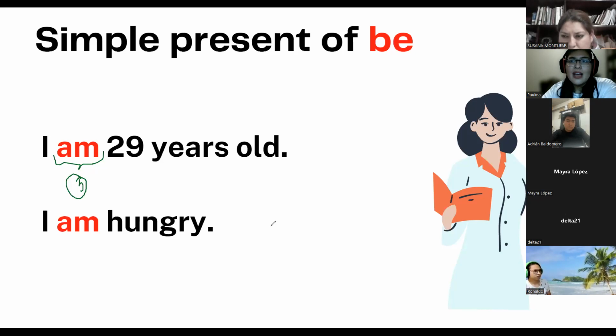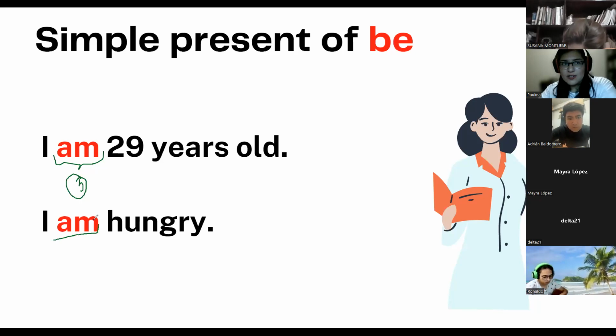Tengo frío, I am cold. Tengo comezón, I am itchy. Tengo calor, I am hot. Cuando son cosas que estoy experimentando, voy a usar también am. No voy a usar tengo.